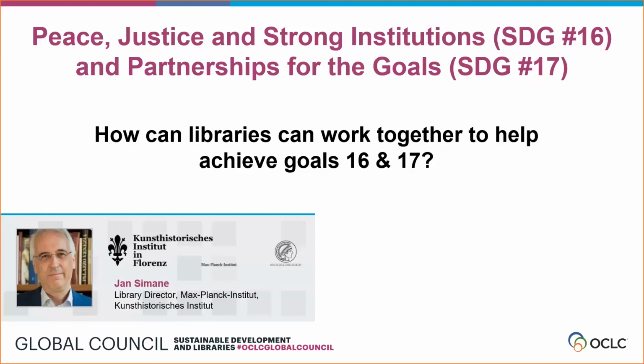cooperation. And an example of the field which could be concerned is open access, open data and open science, where libraries are active, as you know, and in all these areas, the openness is so decisive for peace and justice in these times.